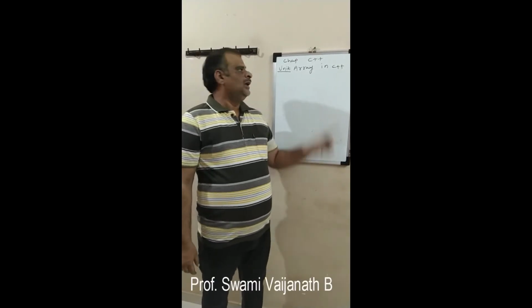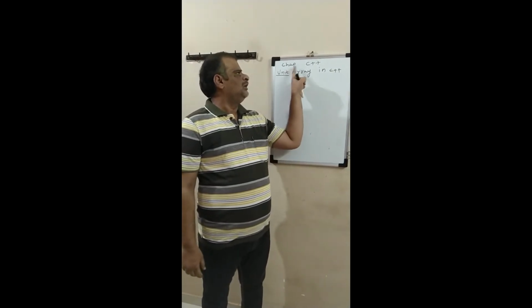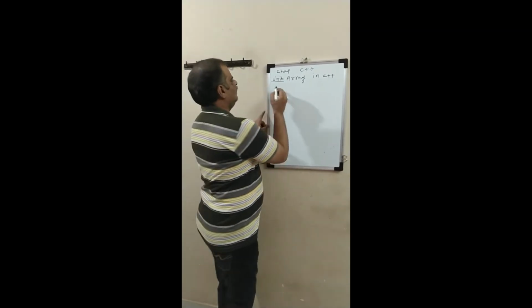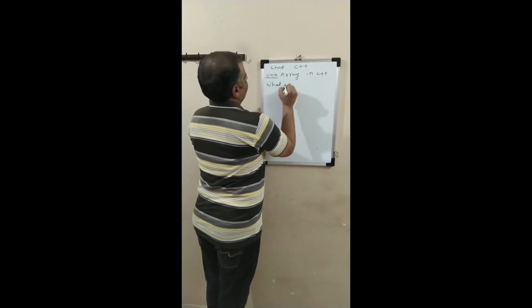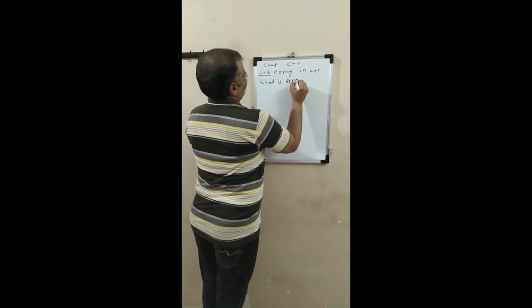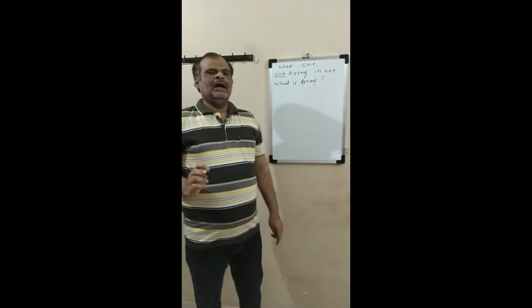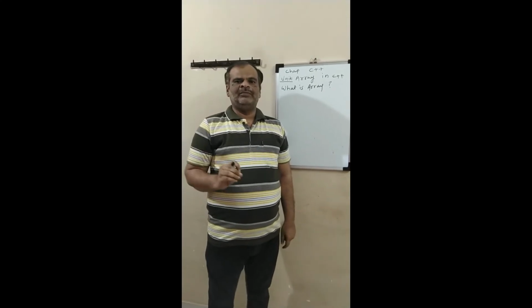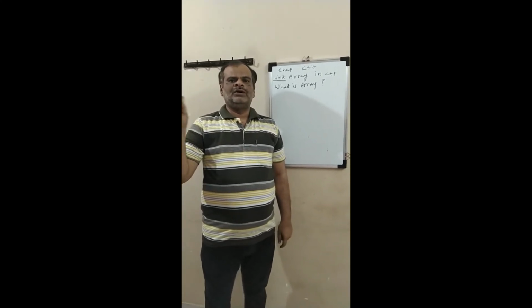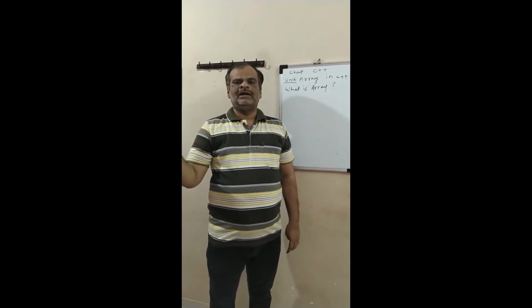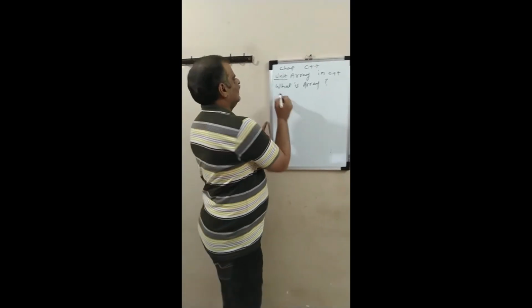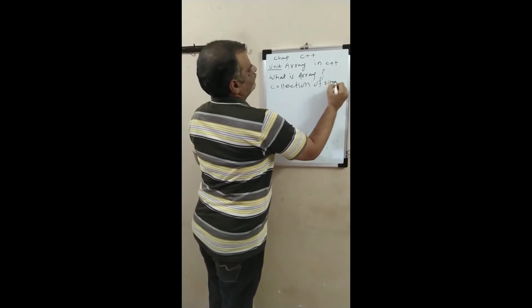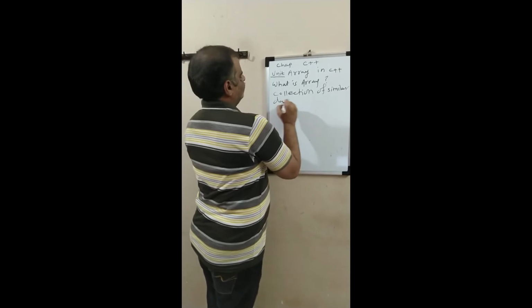Hi friends, today we discuss the topic of arrays in C++. Firstly, we discuss what an array is. An array is a type of variable which holds a collection of similar data items.